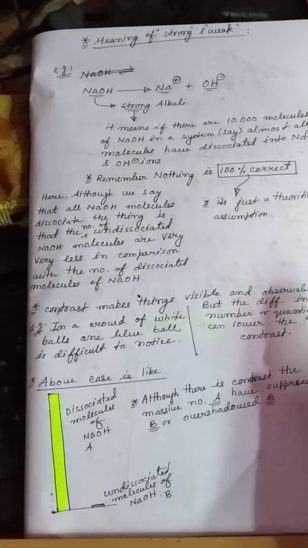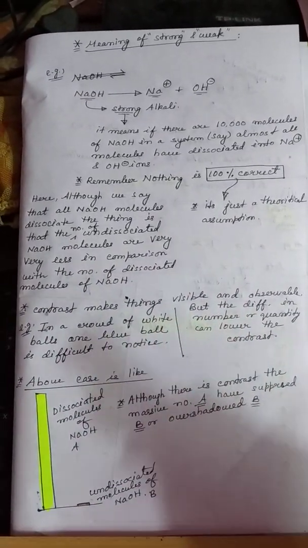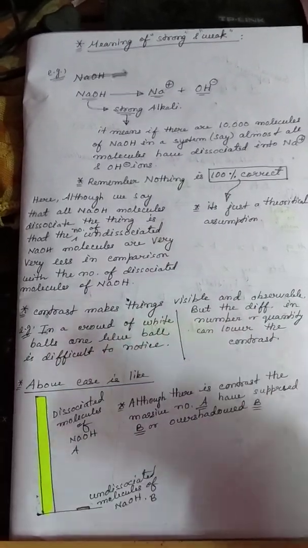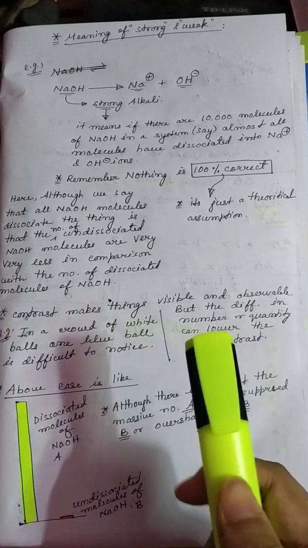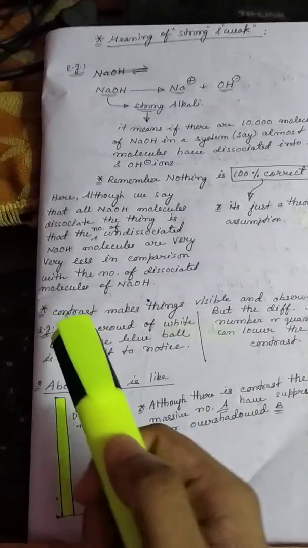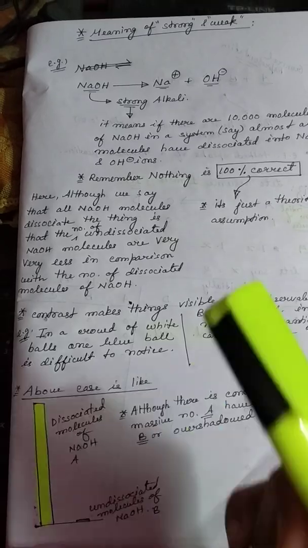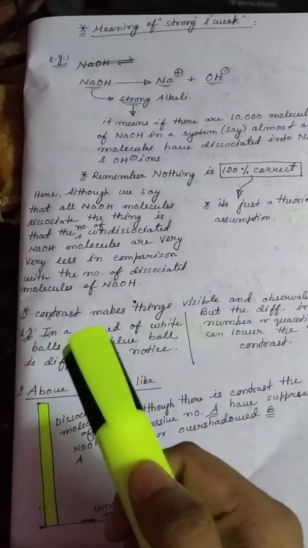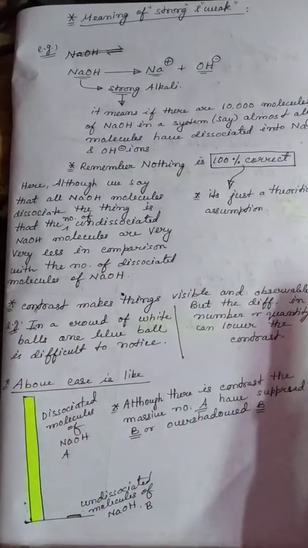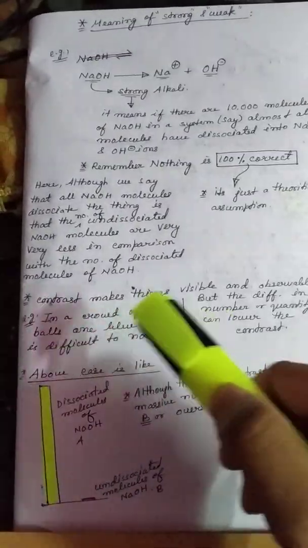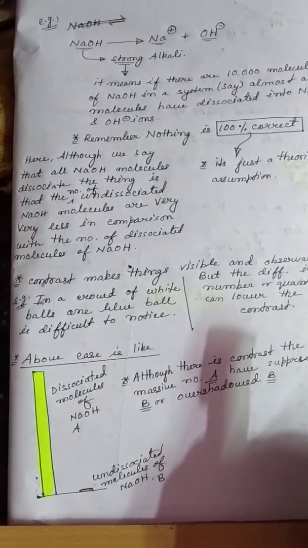Exactly. If there is contrast, the things will differ more and it will be easily visible. But the difference in number or quantity can lower the contrast. How? Let me explain through this example. In a crowd of white balls, one blue ball is very difficult to notice. Fine. Let us look at this graphic representation.